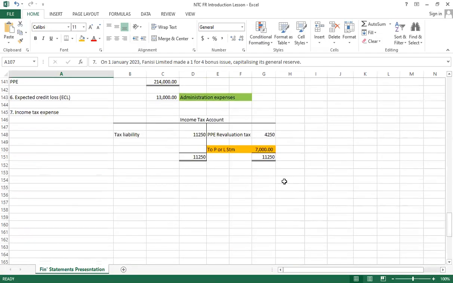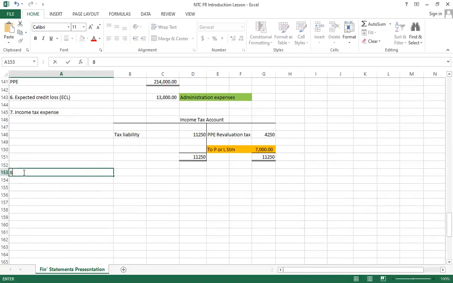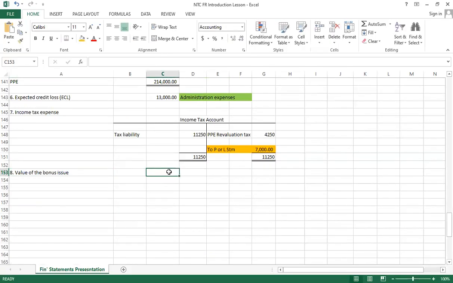So when you do a bonus issue, the first thing that determines working number 8 is: what is the value of the bonus issue? Now this is very simple to compute.